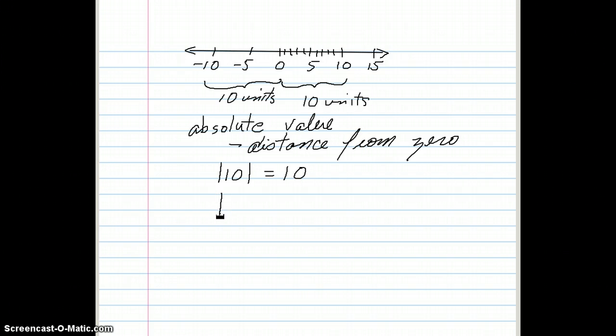The distance from 0 to negative 10 is also 10 units. This symbol is what we use. Two vertical lines going straight up and down surrounding a number is what we use. This is the symbol for absolute value.